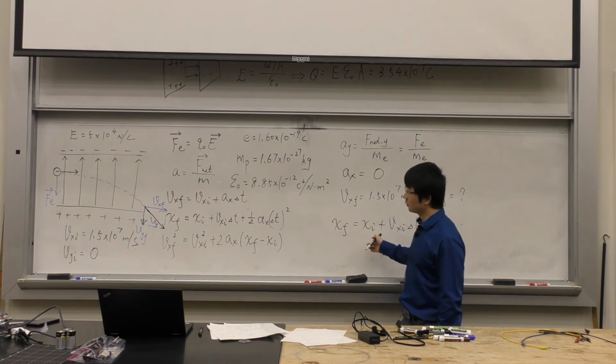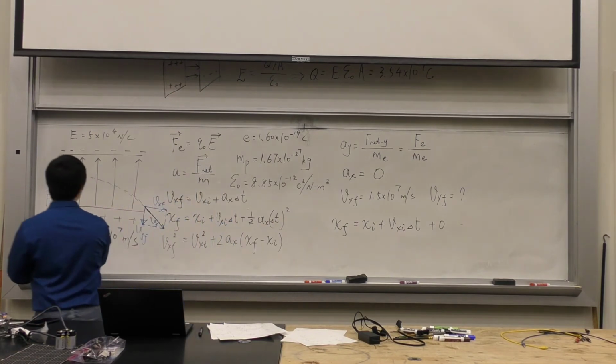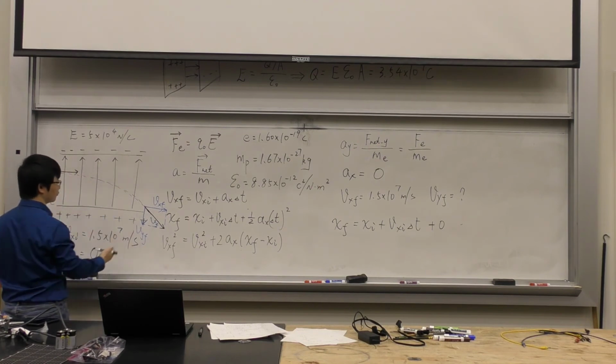Xf and Xi, okay? In this problem, we already know that. So that's the 2 centimeter length, the length it travels, because it doesn't matter how much it travels in y direction. In x direction, it's going to pass this region.